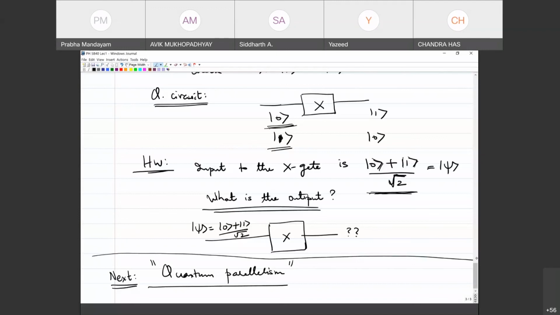Yeah, so what you're asking me is what happens next, right? So let's say I evaluate the X operation on the superposition, but how does that tell me, for example, if I still want to know what is X acting on 0 or X acting on 1? What I need to do then is what is called a measurement, right? So I will have to measure the qubit, and indeed when I measure the qubit, I will have to collapse the superposition.